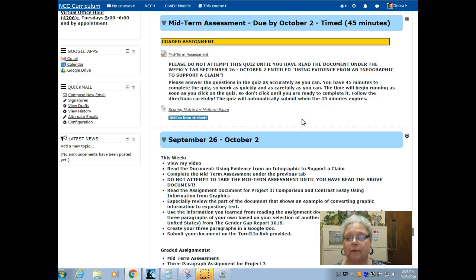Should you finish before the 45 minutes, then you can submit it yourself. But just know that when the 45 minutes is up, it submits, and so there's nothing to be done about it. I was not given any option on this. Everybody's doing it the same way, and everybody's getting 45 minutes to do it.